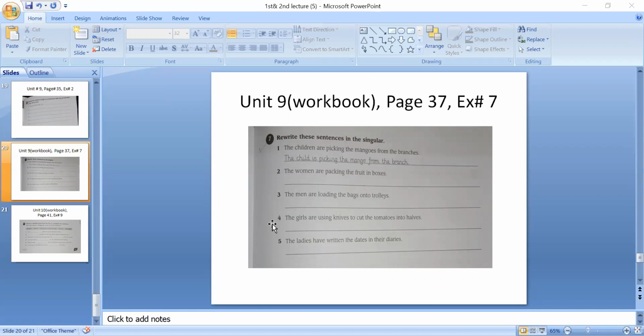Okay, I'm waiting for the other students to write, and then you will be doing next sentence, sentence number 4. Now I'm going to ask Zainab Rizwan.